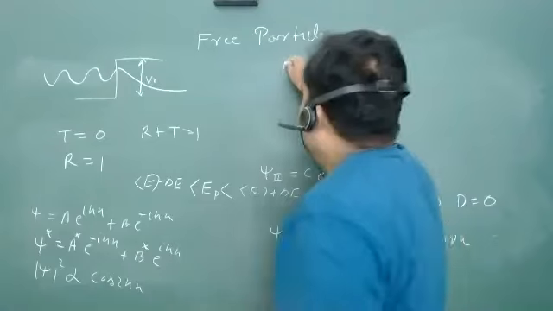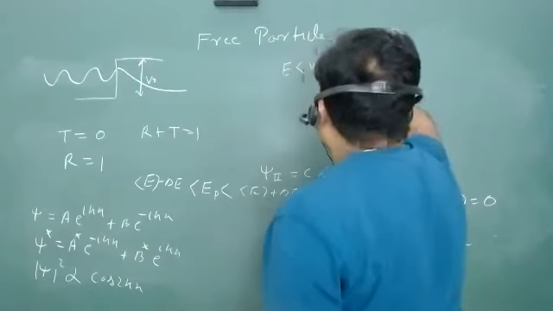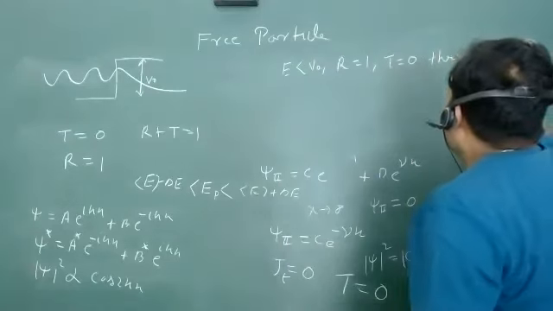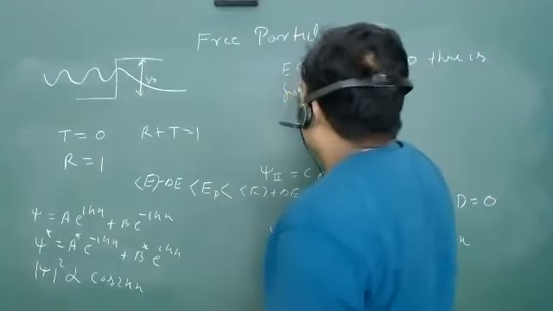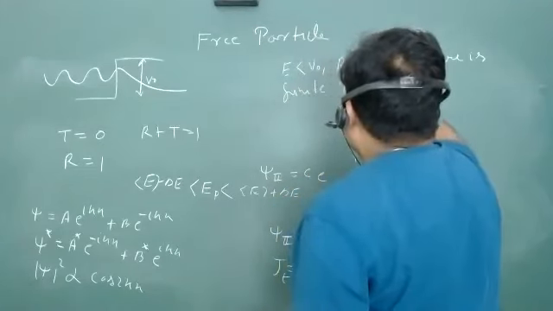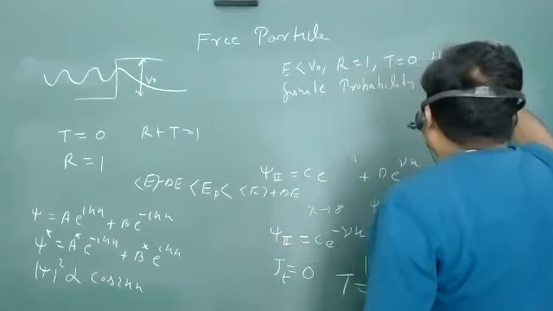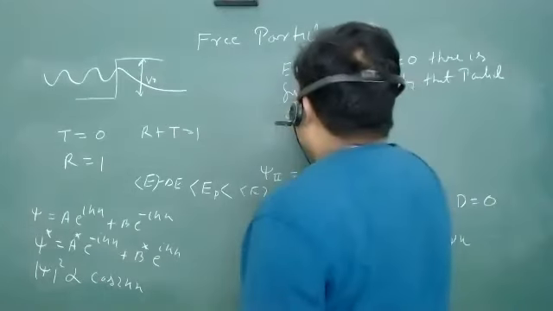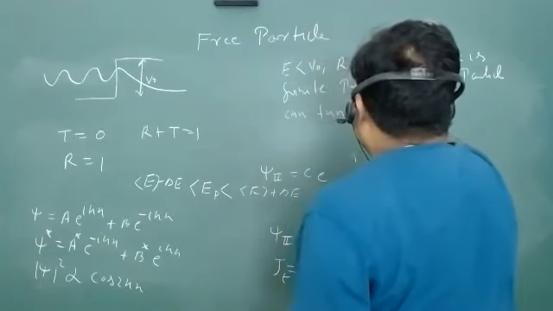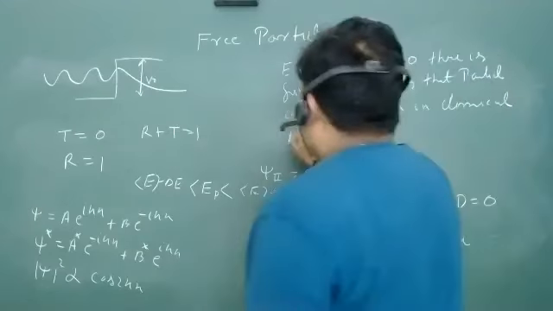Even if E is less than V naught, where reflection coefficient is 1 and transmission coefficient is 0, there is a finite probability that the particle can tunnel down in the classically forbidden region.